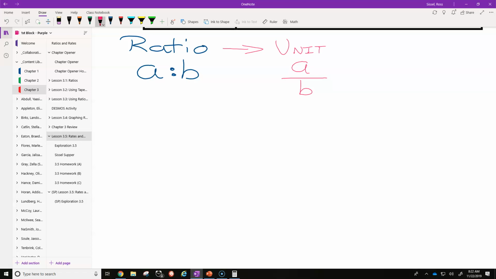I swear to you, I mix this up all the time in my own life. I have to find out how much gas is going to cost per gallon, or how many miles per gallon I get in my pickup. There's another ratio, miles per gallon. So the way I do that is I reset my odometer every time I fill up with gas. When I go to the gas station and fill up, I look at how many miles I drove.